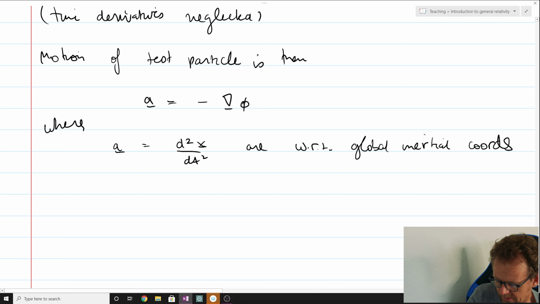So the acceleration of the particle is defined with respect to the global inertial coordinate system. So we've managed to obtain exactly the acceleration of a test particle in the gravitational field of a heavenly body in the Newtonian limit.